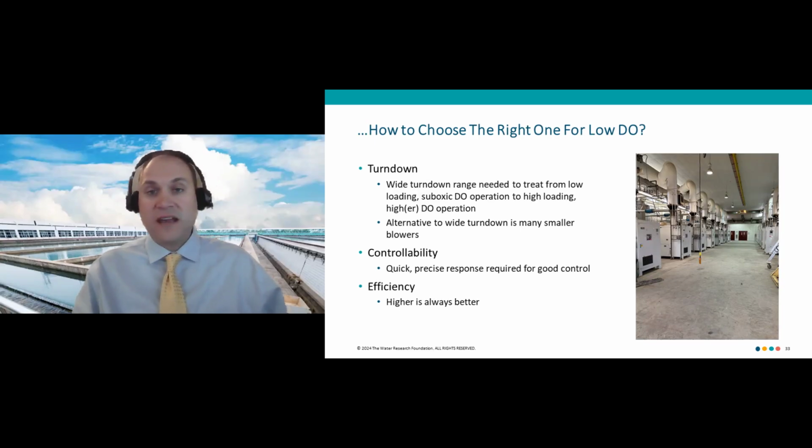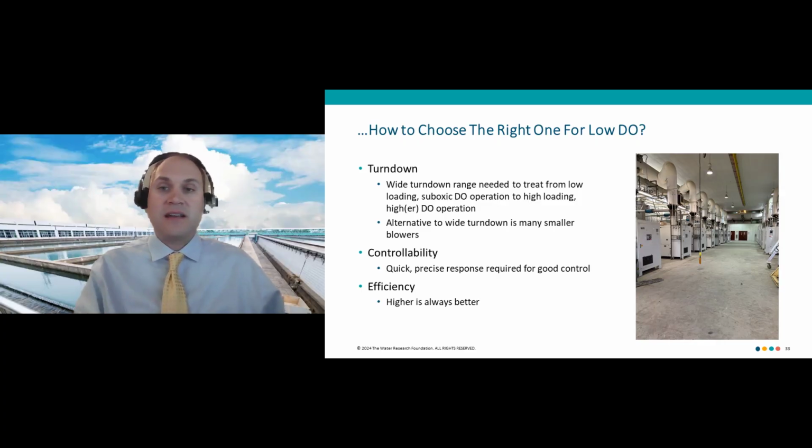The 3 main factors for selecting the blower, particularly for low DO operation, are turndown, as Natalie mentioned. There can be a very large difference between the minimum and maximum airflows needed on any given day. So a blower technology that has a wide turndown is really going to be a key factor in making sure that you can achieve the airflows that you're looking for under all conditions.